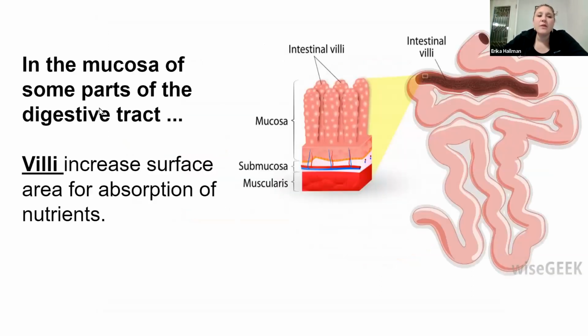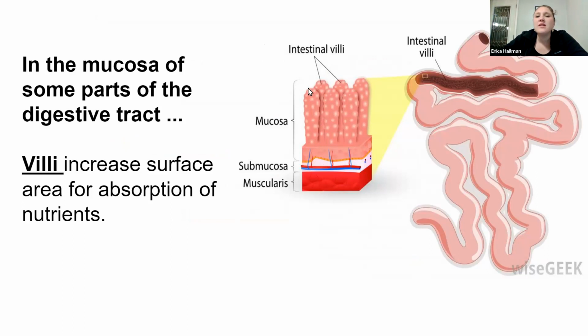In that mucosa, I alluded to the fact that we have these things called villi or microvilli within our intestine. And what that means is that the inner part of the mucosa, if you would zoom into the part of the tissue that comes in contact with the cavity, we'd have these long finger-like projections that actually are extensions of the cells of the mucosa.